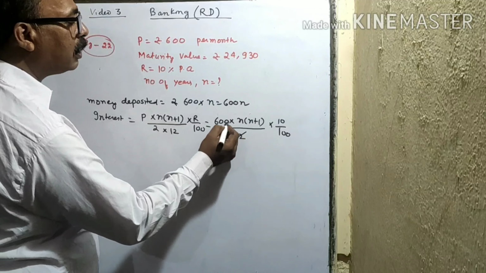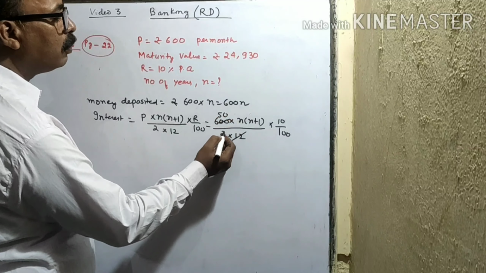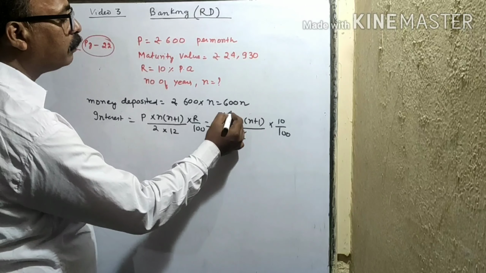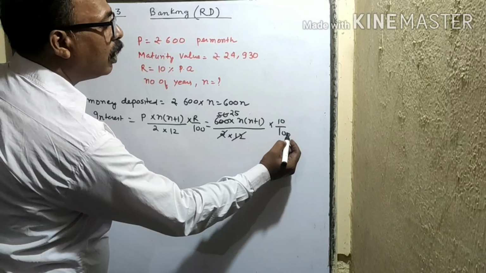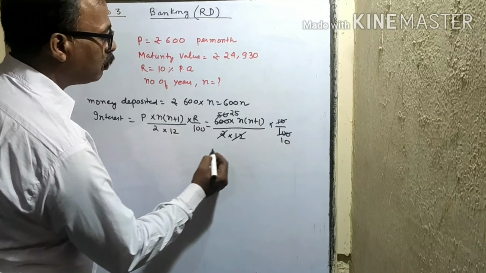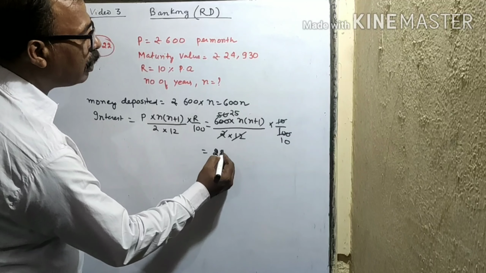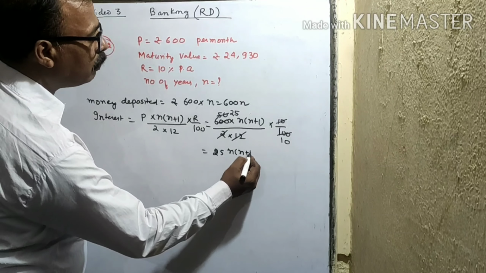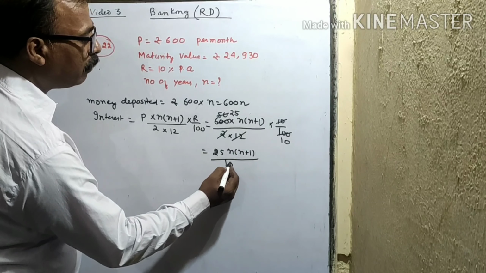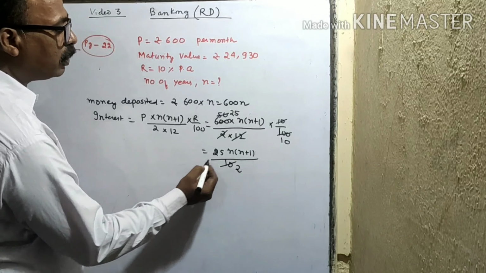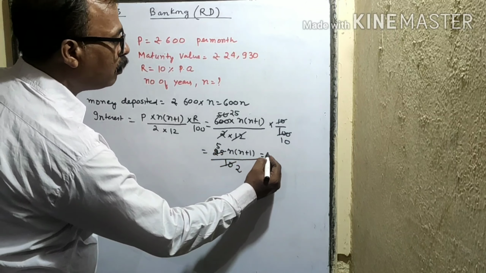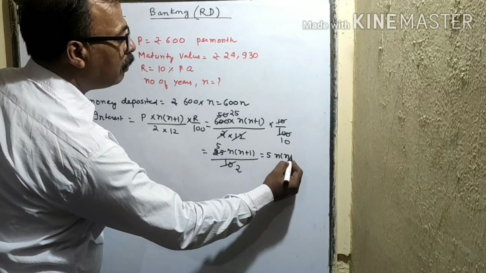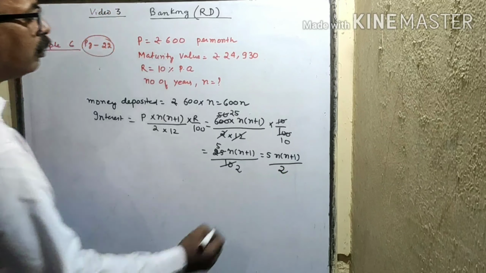So 12 will cancel this one 50 times, 2 will cancel this one 25 times, and 10 will cancel this one 10 times. So it will come out as 25 into n into (n plus 1) by 10. If we cancel, 5 2s are 10, 5 5s are 25. So it will come out as 5n into (n plus 1) by 2.